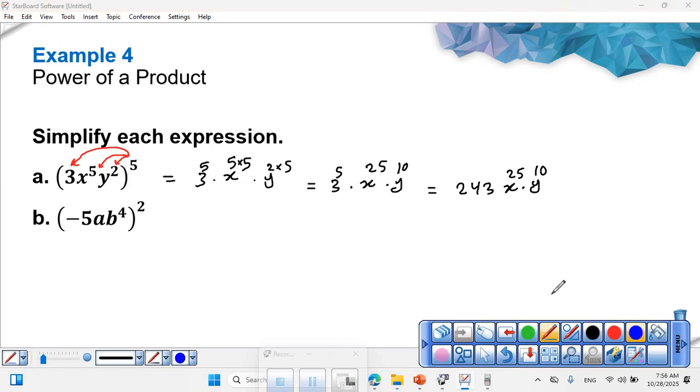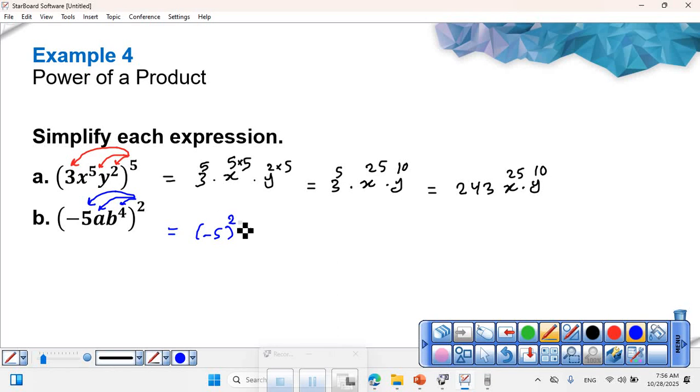Okay, Mr. Misfer, please. This is, as you see here, the same. Distribute each exponent inside, to each component inside the bracket. This is negative y. Why put negative inside the bracket? Because the negative, you should put it inside the bracket.